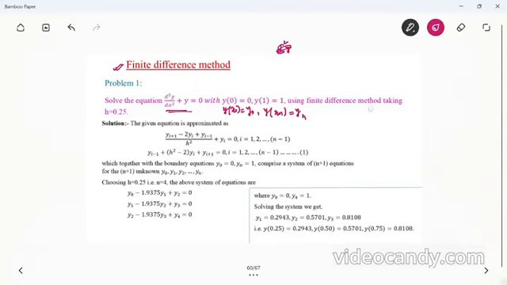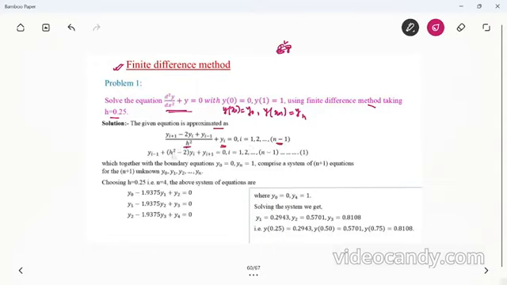Using the finite difference method, taking h equals 0.25, the given equation is approximated by yi plus 1 minus 2yi plus yi minus 1 by h square plus yi equals 0, i equals 1 up to n minus 1.